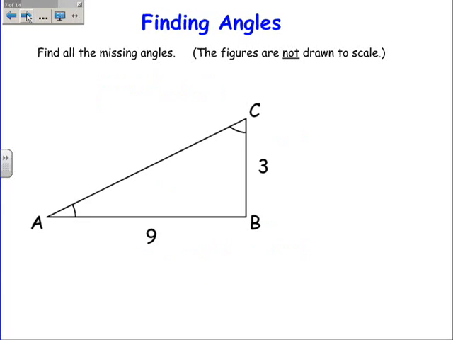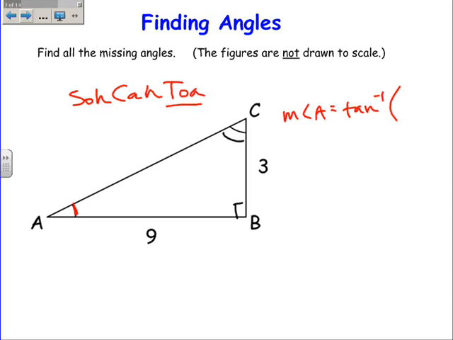Okay, another example. Again, these angles are not the same, and this is a right angle. Again, I'll just use angle A. Now, this time, I know the opposite and the adjacent. So the opposite and the adjacent give me the tangent ratio. So the measure of angle A is equal to the inverse tangent of the opposite over the adjacent.